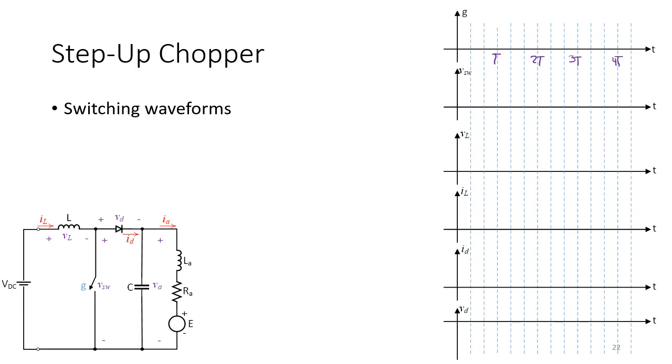Then assume that we turn on and turn off the switch like this. So still the switching method is PWM, as you can see. The period, the time cycle, is constant, and we play with the pulse width, and here to here is T on.